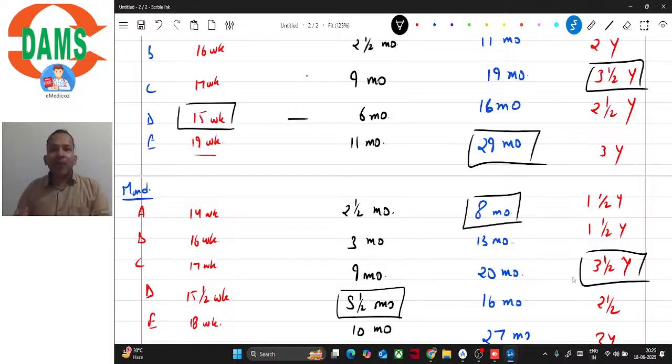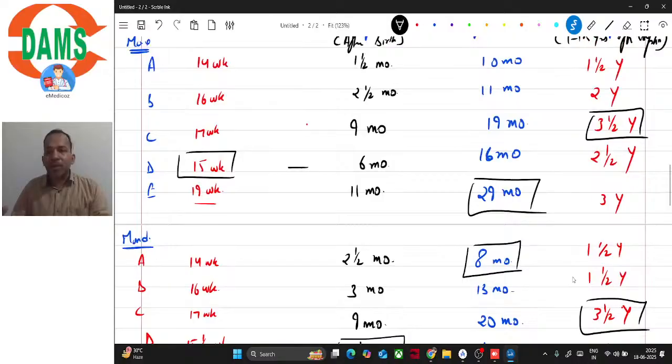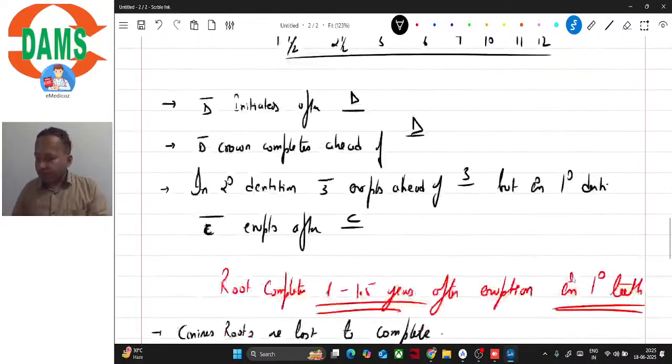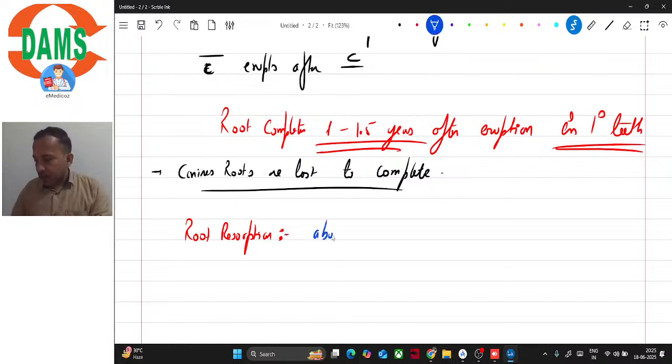So how many years after root completion does the root start to resorb? Root resorption begins about 3 years after root completion.